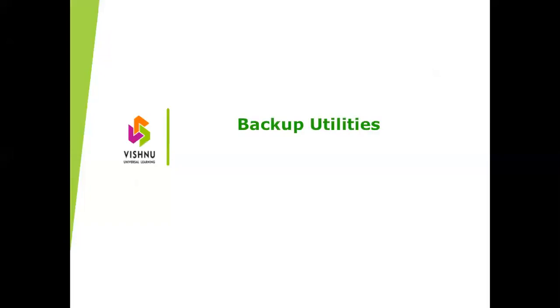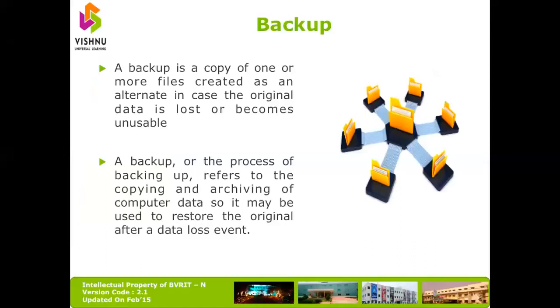However, a backup maintains 2 parallel versions of the file. Now, if the first file gets corrupted, the second file still works for you. To be specific, a backup is a copy of one or more files created as an alternate in case the original data is lost or becomes corrupted or unusable.